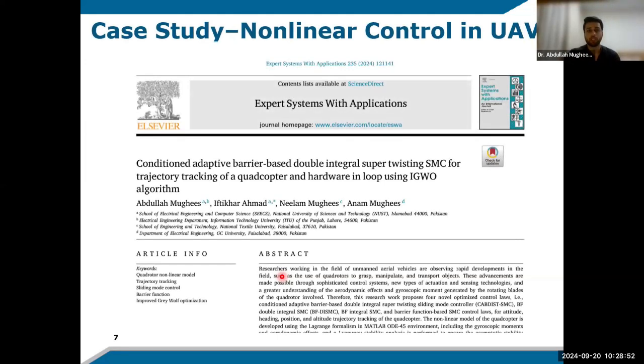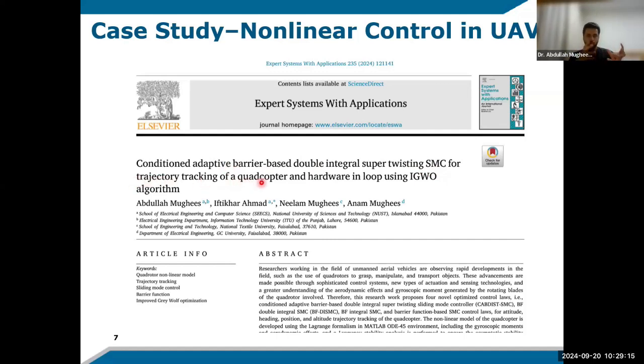Here, an article in the journal Expert Systems with Applications was published, and it used condition adaptive barrier function double integral super twisting sliding mode control. We had the sliding mode control, and this is a really advanced form of it. It was used for trajectory tracking of a quadcopter.